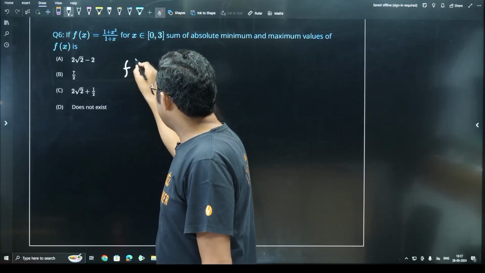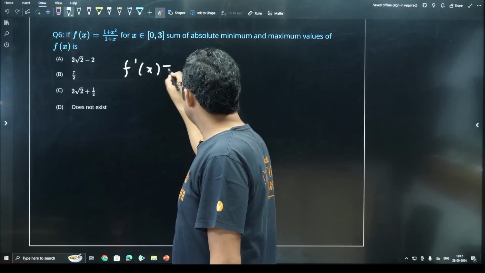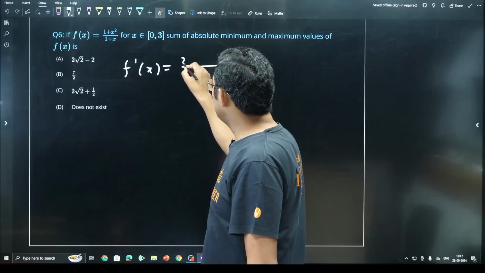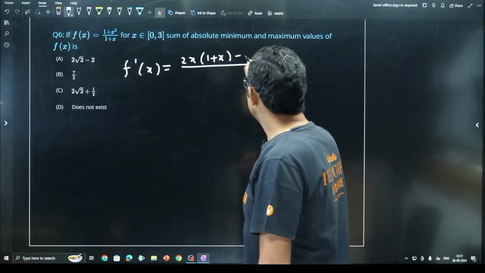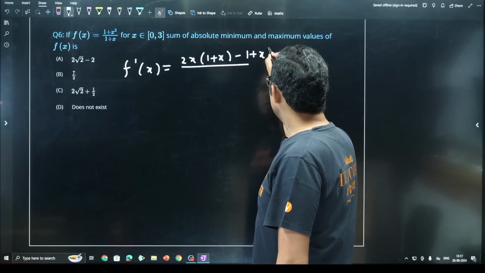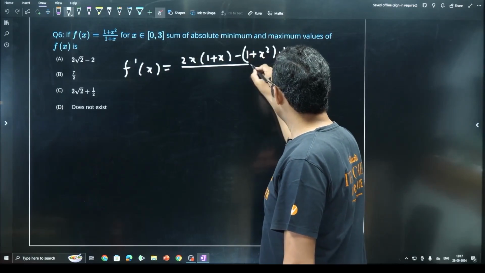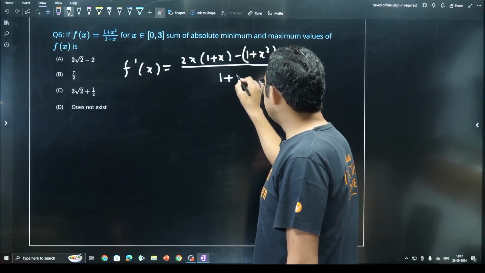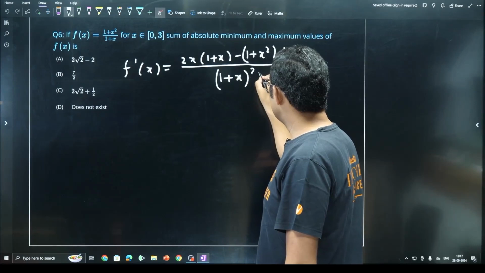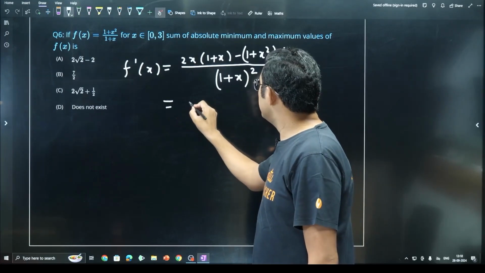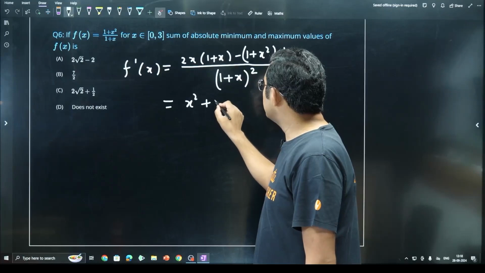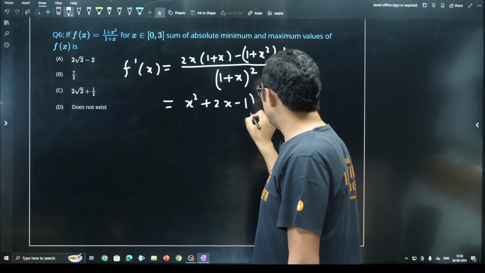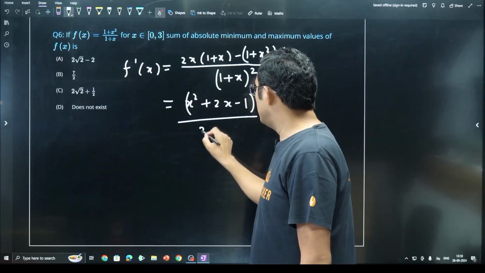So it will be f dash x equal to, in the numerator, 2x into (1 plus x) minus (1 plus x square) into 1, the differentiation of the denominator, and in the denominator it is (1 plus x) whole square. So this becomes 2x square minus x square plus 2x minus 1 in the numerator and (x plus 1) square in the denominator.